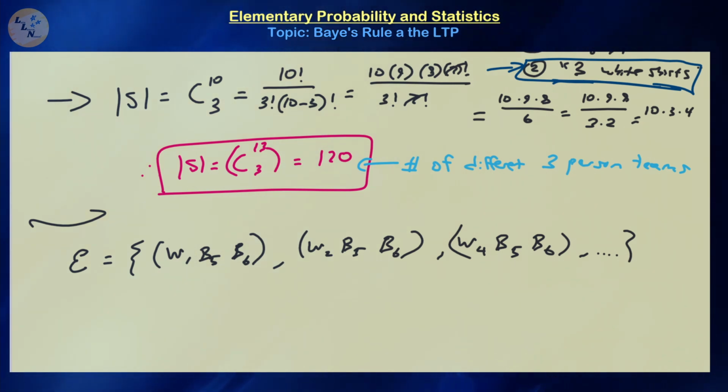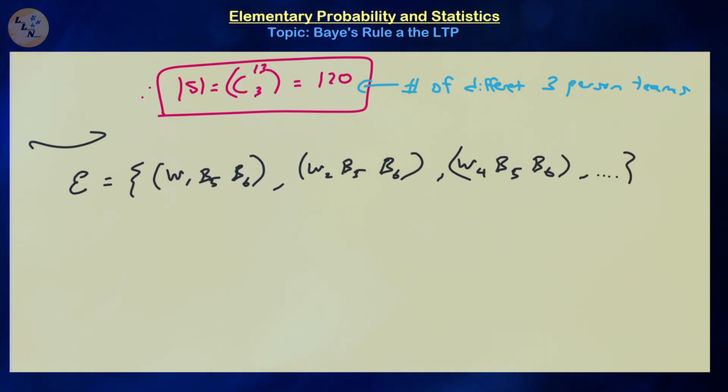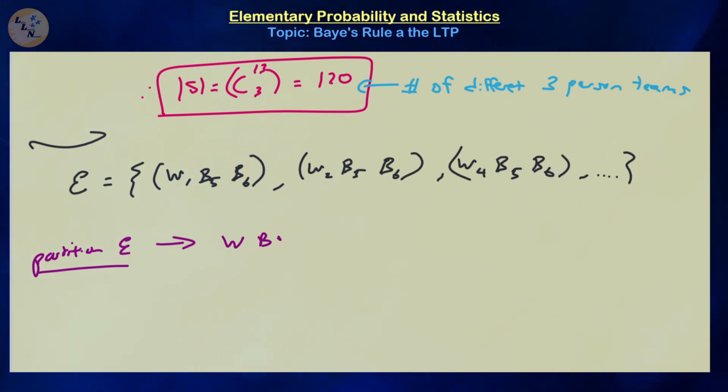Now notice I'm focusing on white, blue, blue, but there are other variations that could exist in this set. So I'm going to partition E into 3 different categories: white, blue, blue; blue, white, blue; or blue, blue, white.